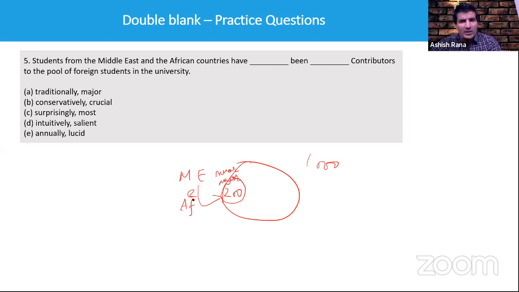Dash have traditional, conservative, have been crucial contributors, crucial.